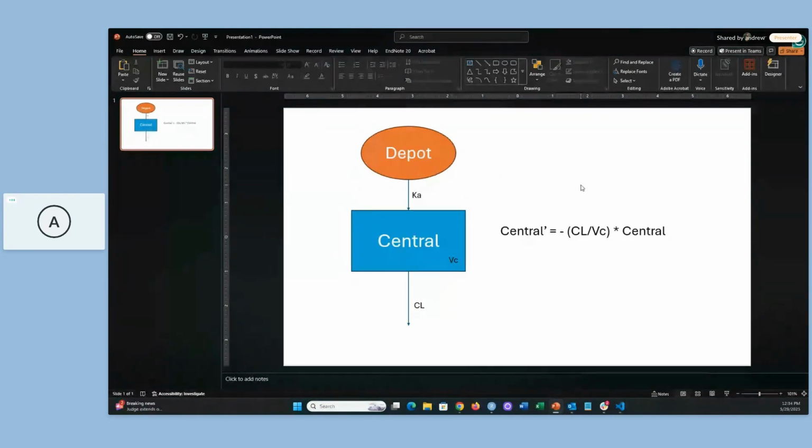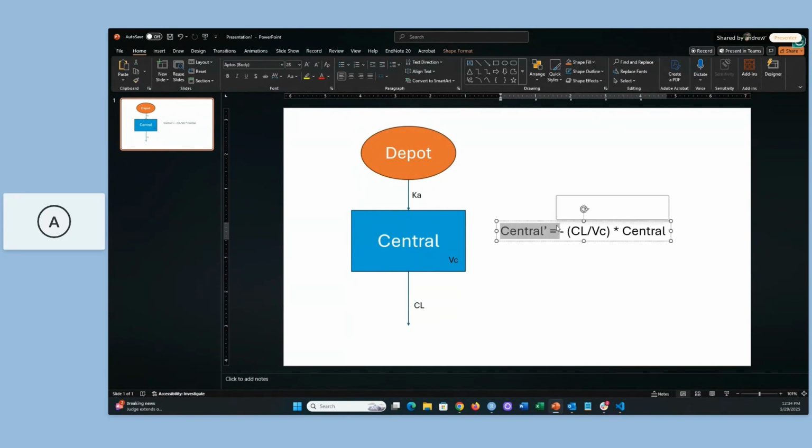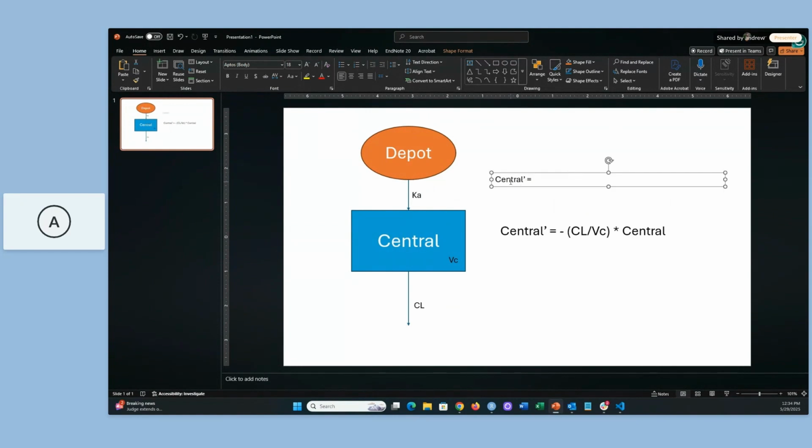Now, since, Emily, you put it up, how would you define the differential equation then for your depot compartment? Good.